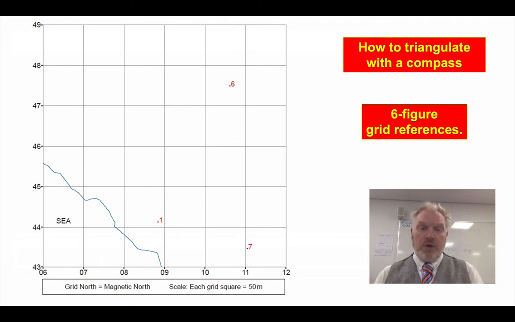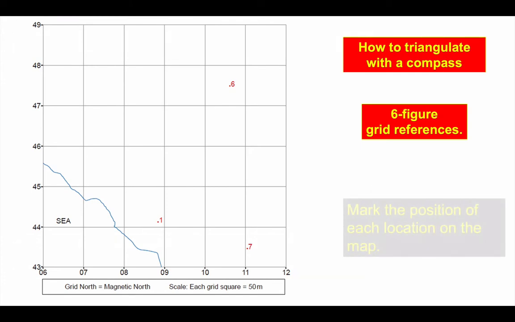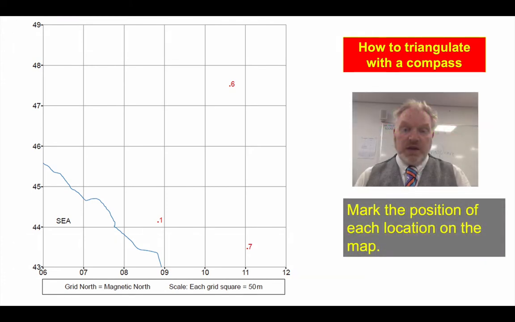And we also have one location that we need to locate by a process of triangulation. Watch the additional videos to get an explanation of how we actually go about doing these. You then need to mark the position of each of your locations on your map.